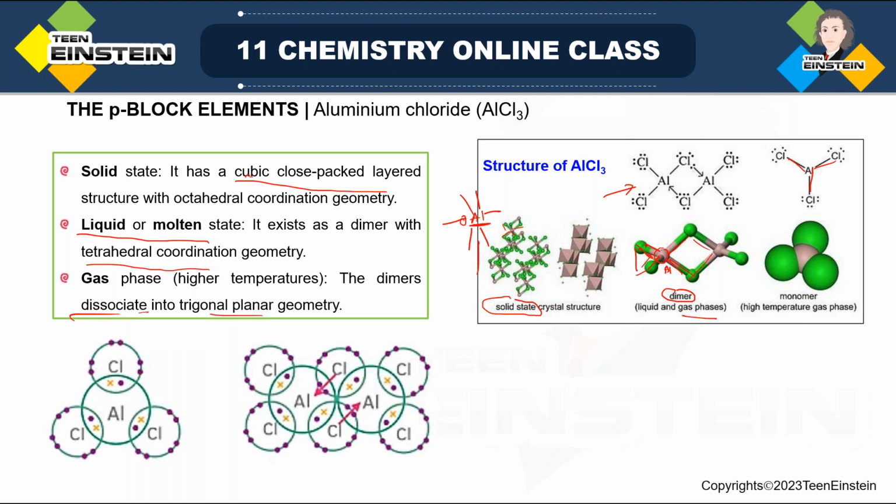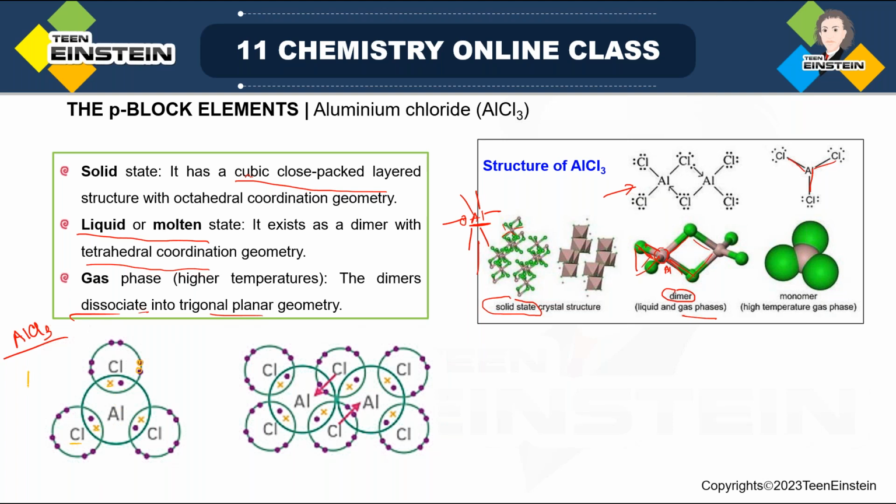Now for the dimeric structure, we'll see how the electron deficiency of the monomer unit is removed. The purpose why they form dimers is to remove electron deficiency. As you can see here, when it is monomer AlCl3, the electrons coming from chlorine are in violet dots, and the valence electrons of aluminium are in cross sign.